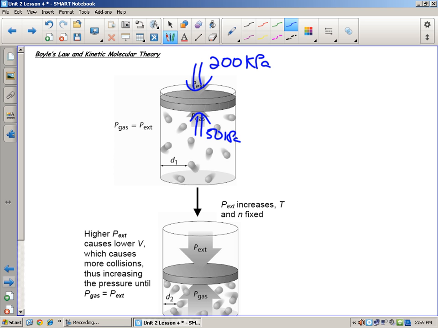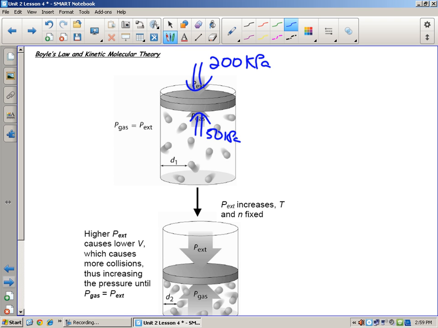Because if you're pushing with two different forces, what happens? Well, the larger force pushes until basically it can't push anymore. It forces the other one into 200 kilopascals as well.